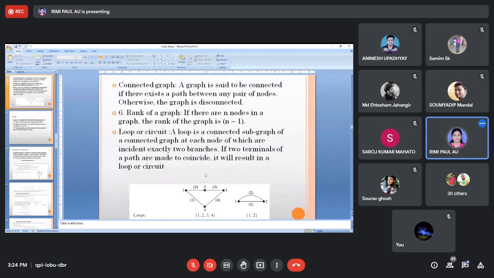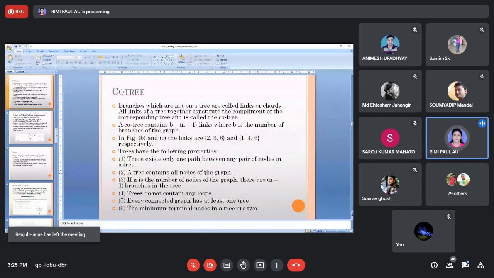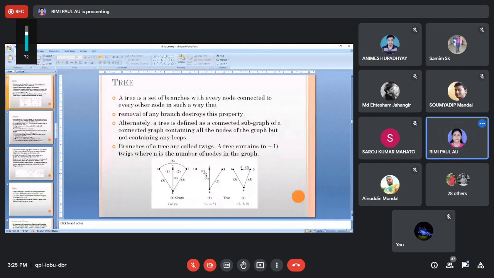This is a connected graph, rank, loop, or circuit. This is the cotree. The complement of a tree is known as a cotree, and the branches of the cotree are known as chords or links, and the branches of the tree are known as twigs. This is the tree.